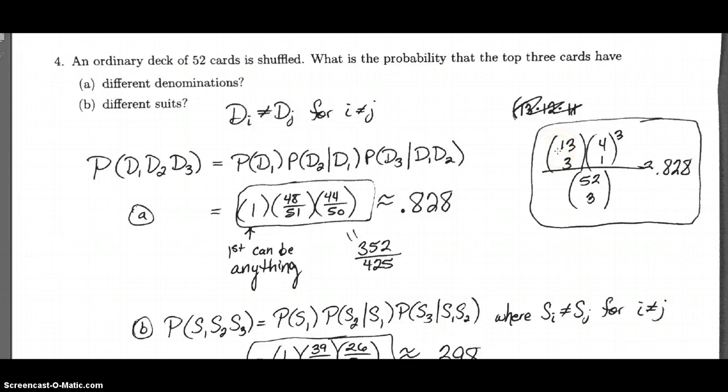So if I just got 2, 6, 7 and stopped at that, I wouldn't know what suit they are. So this is that 4 choose 1 to the 3rd power. I'm choosing a suit for each one of those 3 denominations. So maybe heart, spade, club in order of the 3 that I chose. And then 52 choose 3 ways to do it. That will give you the same answer.